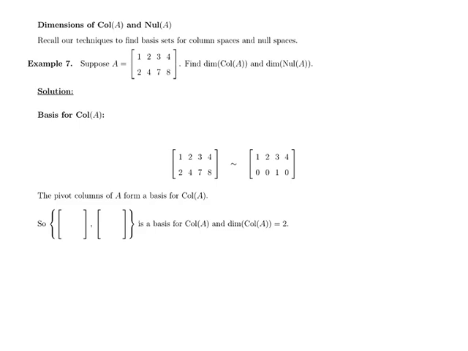So first, let's look at the column space. In order to find a basis, we're going to look at the pivot columns of A. So we're going to row reduce that matrix into row echelon form, and we can see that there are 2 pivots in that matrix. So therefore, our first and third columns are pivot columns in A. And therefore, our basis is going to be those 2 pivot columns, 1, 2, and 3, 7.